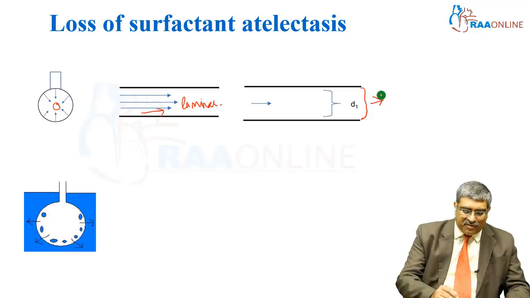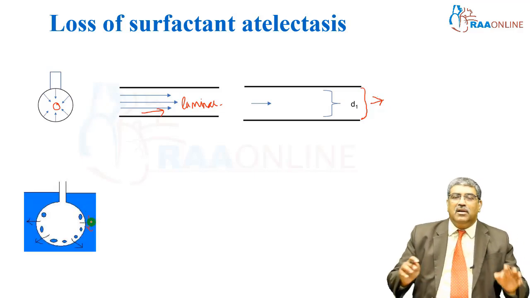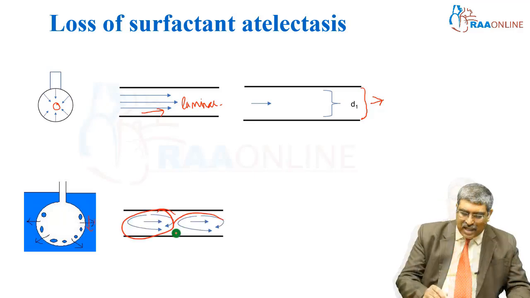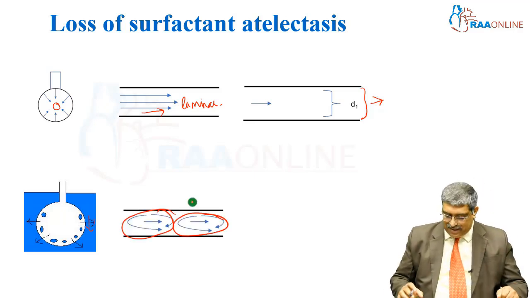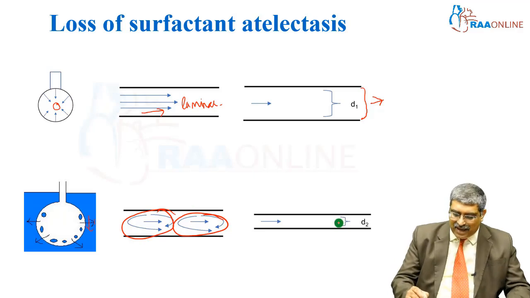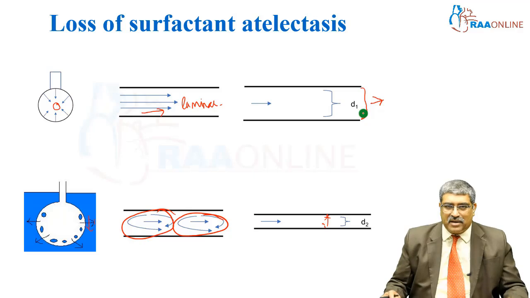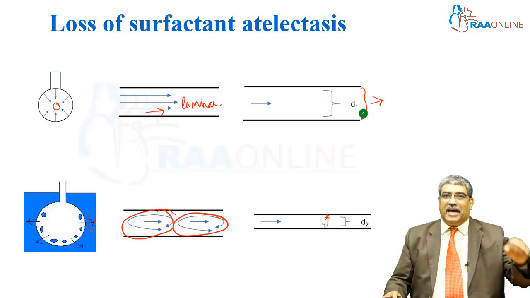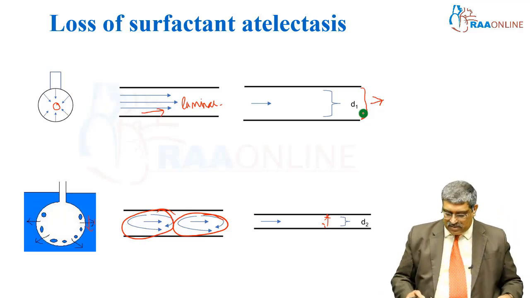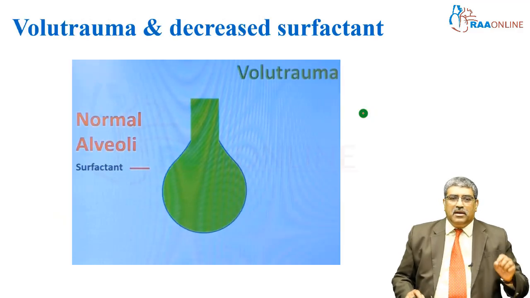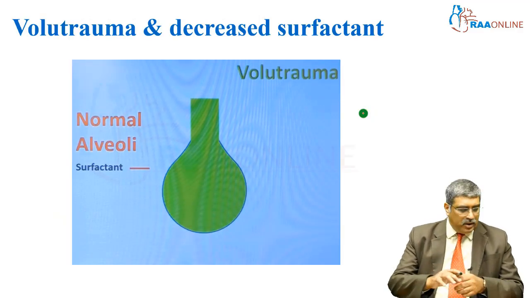But if the surfactant is reduced or damaged, air flow becomes turbulent, and here you can see the diameter reduced when compared to the presence of surfactant. So the flow is turbulent and the diameter is reduced when the surfactant is reduced.